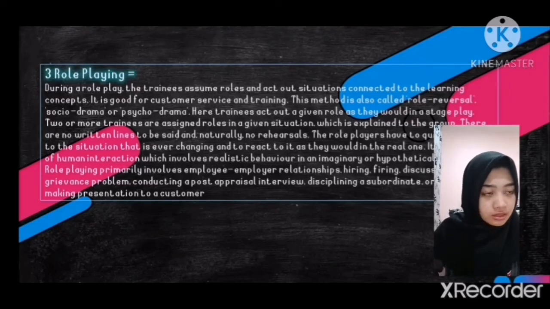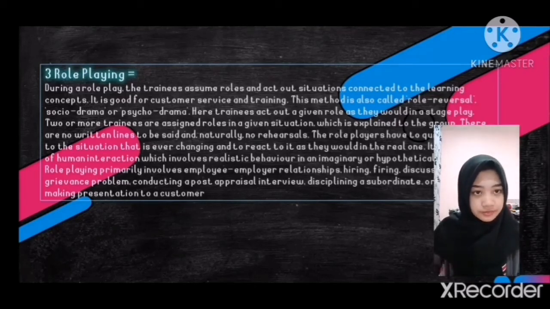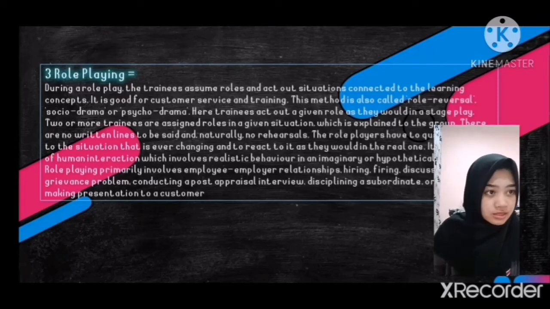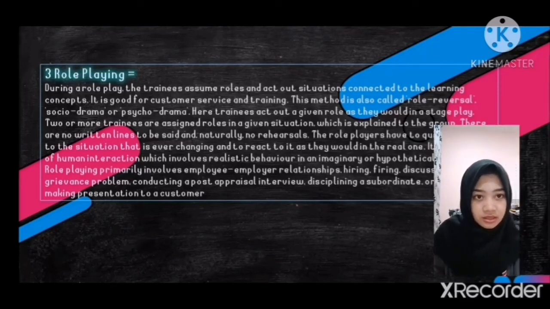Two or more trainees are assigned roles in a given situation, which is explained to the group. There are no written lines to be said and naturally no rehearsals. The role players have to quickly respond to the ever-changing situation and react to it as they would in a real one. It is a method of human interaction which involves realistic behavior in an imaginary or hypothetical situation.